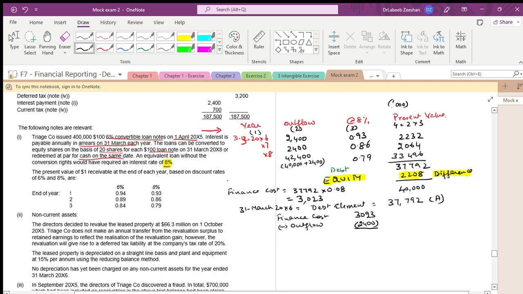What is the difference you will get here? You get a difference of 623. Now add this A plus B.